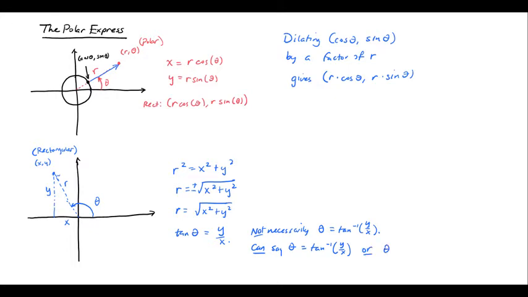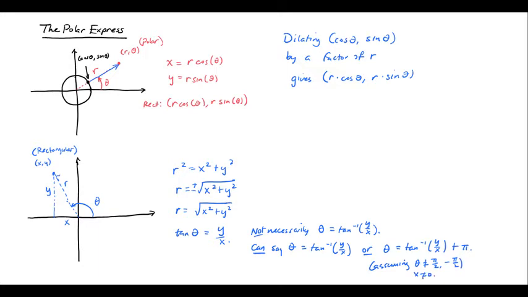Or we can say that theta is equal to the inverse tangent of y over x plus a half rotation, that is, plus pi. This is assuming that theta is not pi over 2 or negative pi over 2, in other words, assuming that x is not 0.